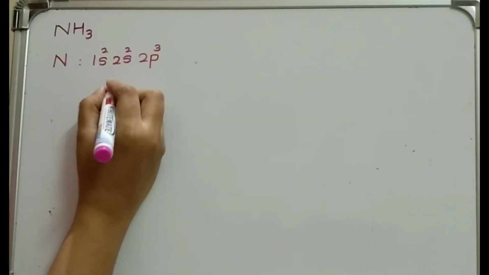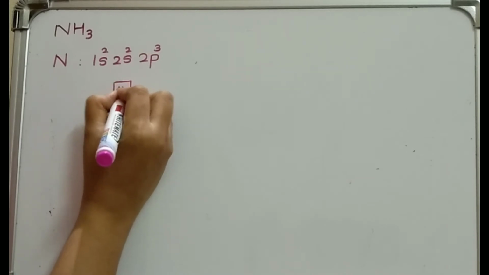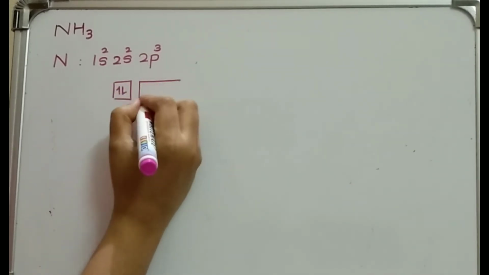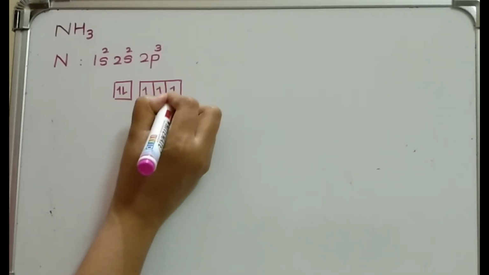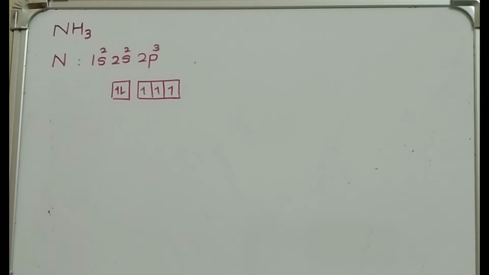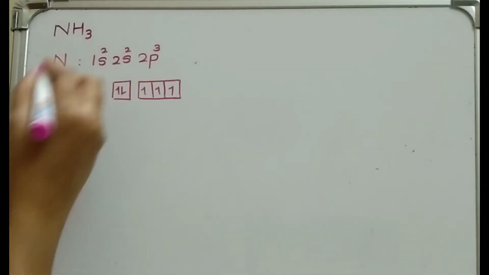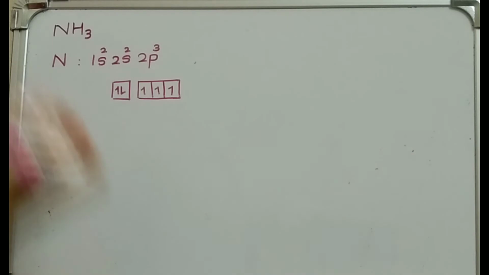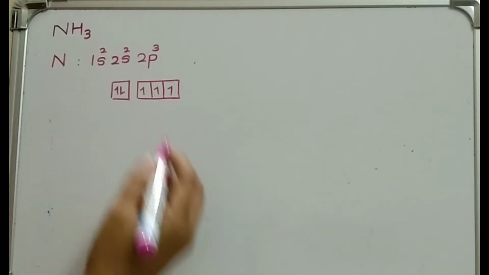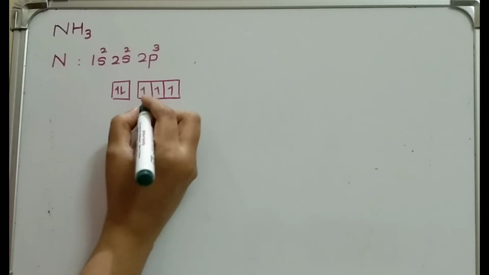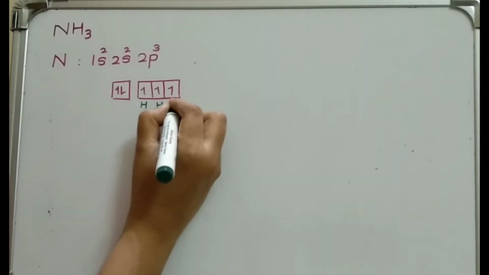If we draw this, in 2s 2 electrons are there, and in 2p 3 unpaired electrons are there. So how many bonded electron pairs will be there if it bonds to another element? 3. We are learning hydrides here, so it has to attach with hydrogen. So we take 3 hydrogens, each hydrogen will give 1 electron. So 1 hydrogen can attach here, here and here.